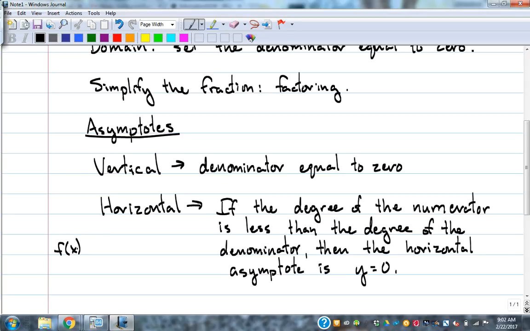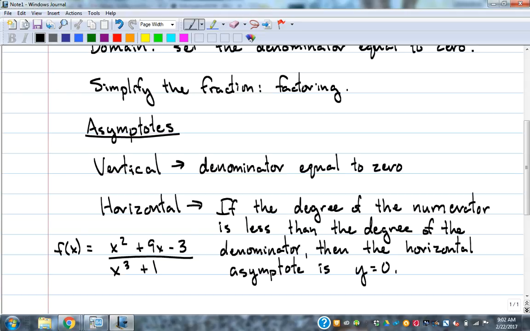Example of that. Maybe you've got x squared plus 9x minus 3 over x to the third plus 1. Here's an example of one that has a horizontal asymptote at y equals 0.